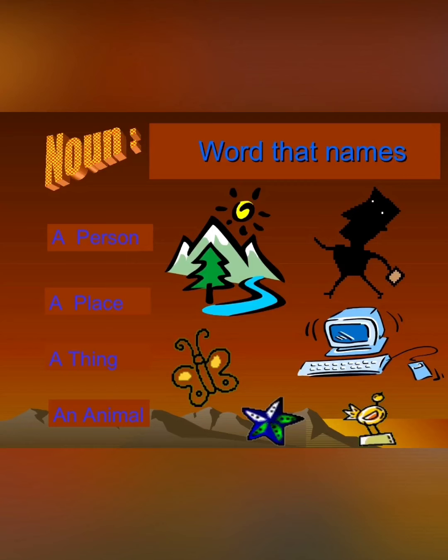Nouns can be singular or plural, concrete or abstract. Basically, nouns show possession by adding s. A noun can function in different roles within a sentence. For example, a noun can be a subject or direct object, indirect object, subject complement, or object of a preposition.